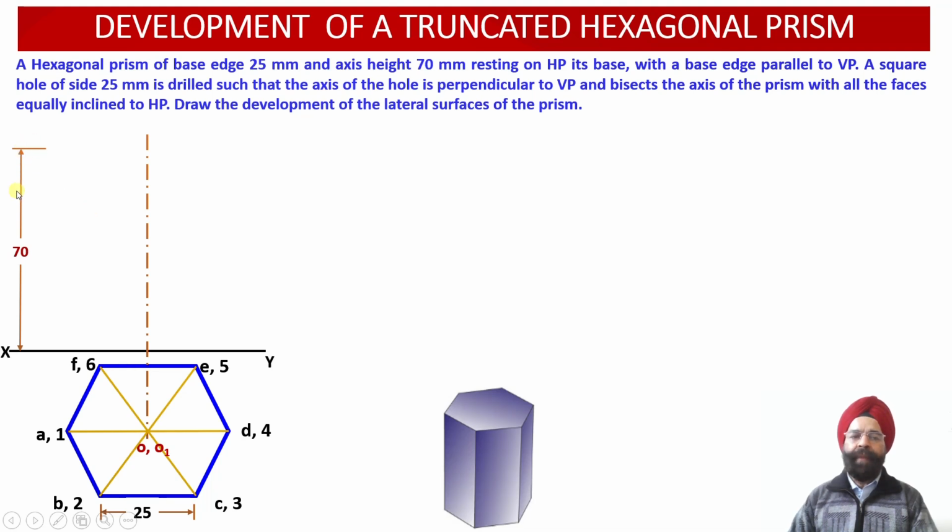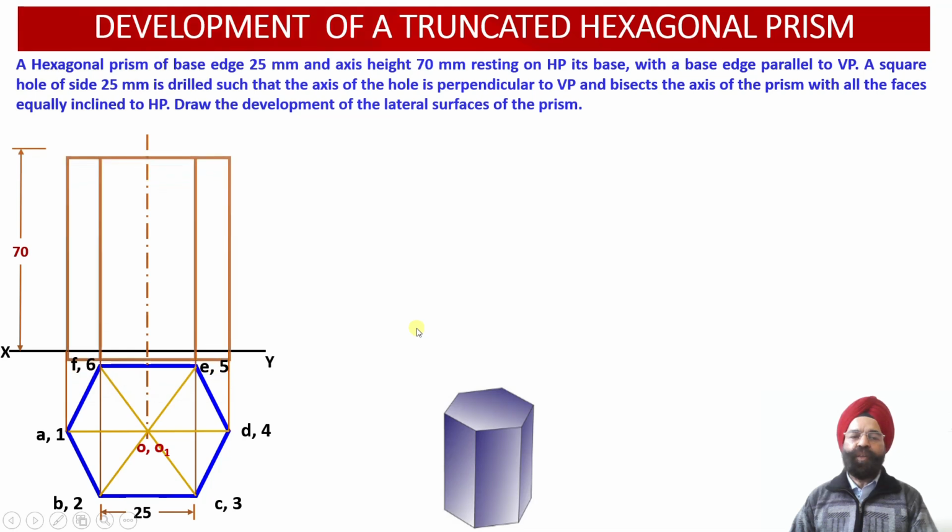So we mark this axis height equal to 70 mm. Now when we draw projectors from all the 6 points of the base and the 6 points of the top face, we obtain 6 points in the elevation view at a height of 70 millimeter corresponding to the top face of this hexagonal prism.